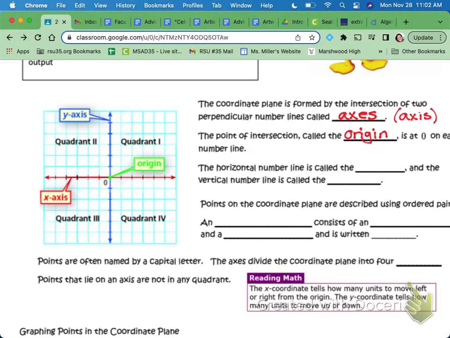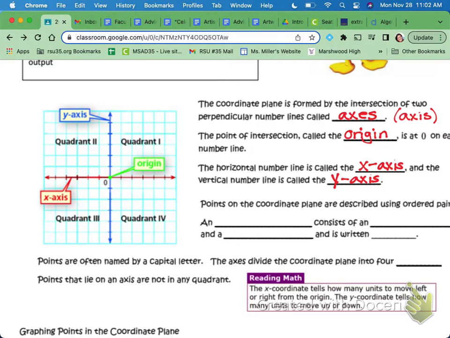It's at 0 on each of your number lines. So you have your horizontal number line, you have your vertical number line, where they intersect is at 0 for both. The horizontal number line we call the x-axis. And the vertical line is called the y-axis. Good.